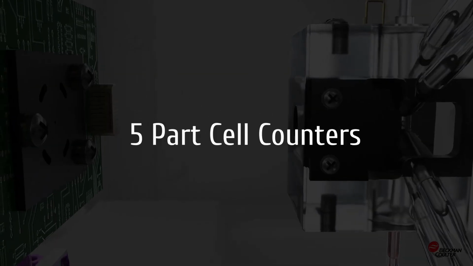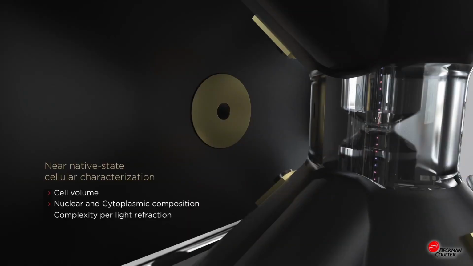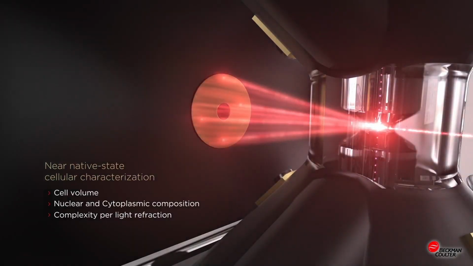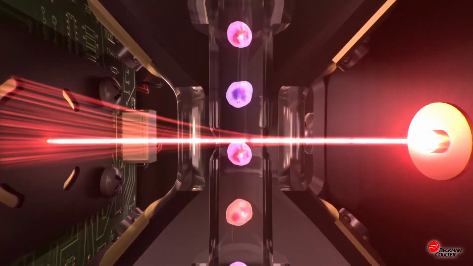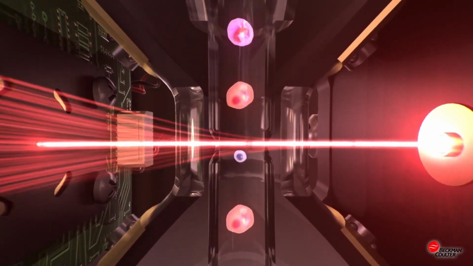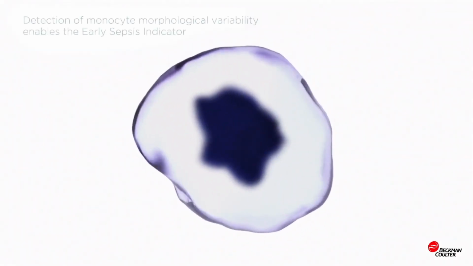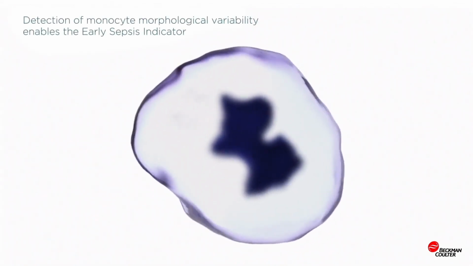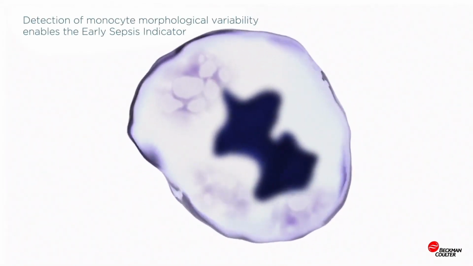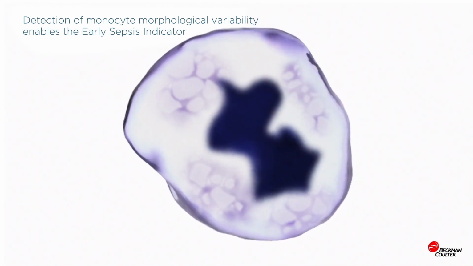The second type of blood cell counter machine is a 5-part hematology analyzer. This type of hematology analyzer utilizes both Coulter's principle and flow cytometry to determine the granularity, diameter, and inner complexity of the cells. Using hydrodynamic focusing, the cells are sent through an aperture one cell at a time.